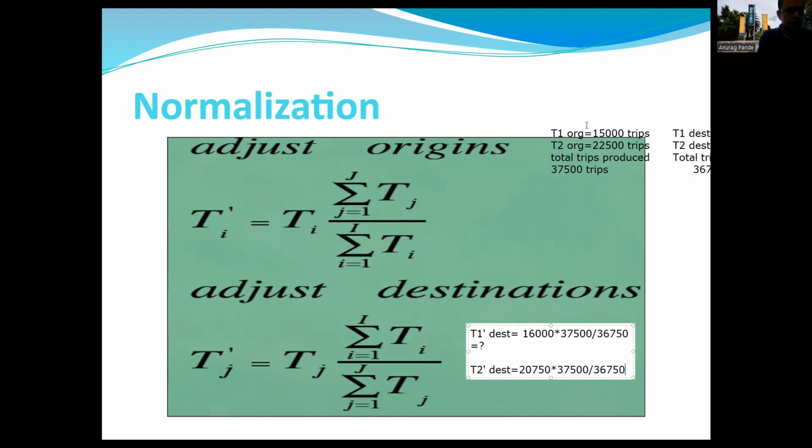That's how we apply the correction, and you can estimate this value. When you add up T1 prime and T2 prime, they will add up to 37,500 again. I hope you're able to see that. That's why we do the normalization, so that we can get a more accurate estimate, because we do think that the home-based trips are more accurate typically, because they are based on the detailed census data. Employment data is supposed to be more off in nature, or more suspect in nature.